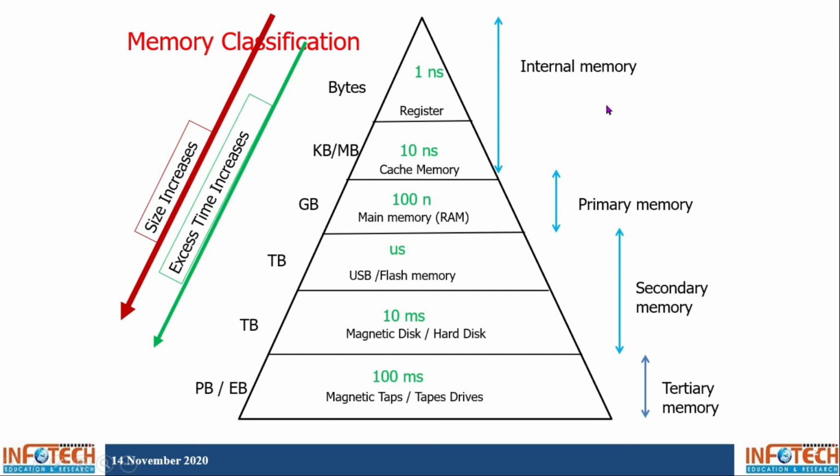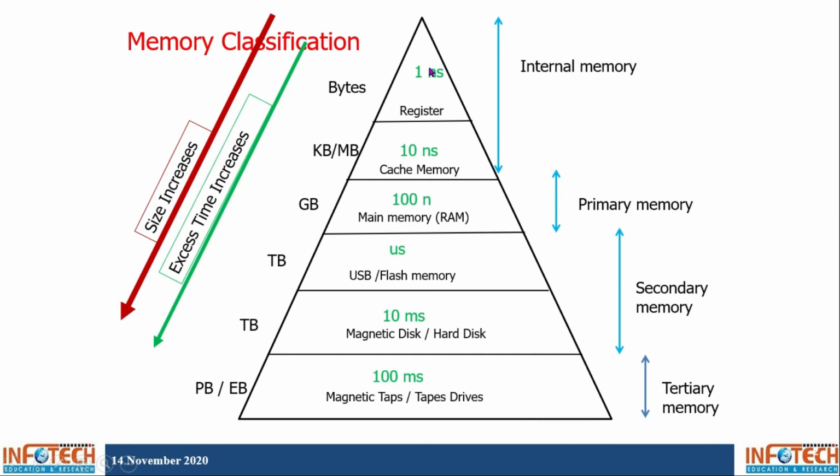We can see again that the frequency of use of registers is much higher than magnetic tapes or tape drives. The maximum frequency of use is in the internal memory, and the minimum frequency of use is in the tertiary memory, or magnetic tape drives, because they sometimes work as a backup.